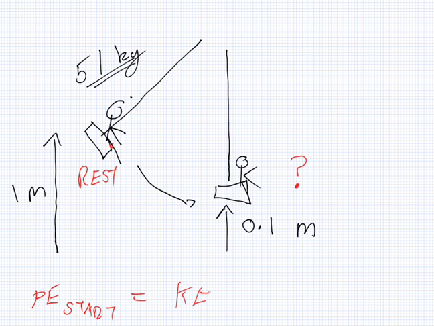Kinetic and potential. Kinetic energy at the end plus potential energy at the end. So now, I would like people here to give me the speed at the end. Okay? And then I'll do it in a moment. So tell me what the V is at the end.